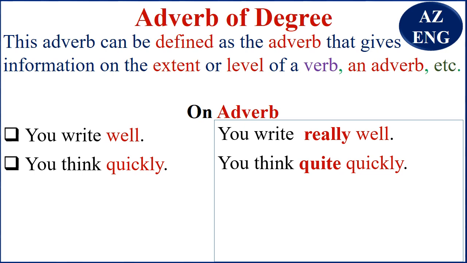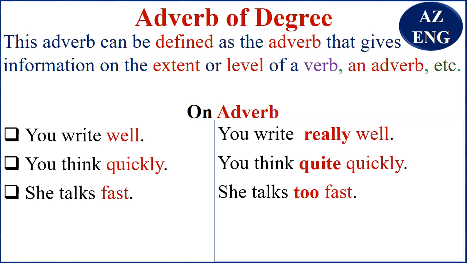So you see, quite modifies the adverb quickly. She talks fast. The adverb here is fast. So you see here, she talks too fast. So you've got an adverb of degree modifying the adverb fast.